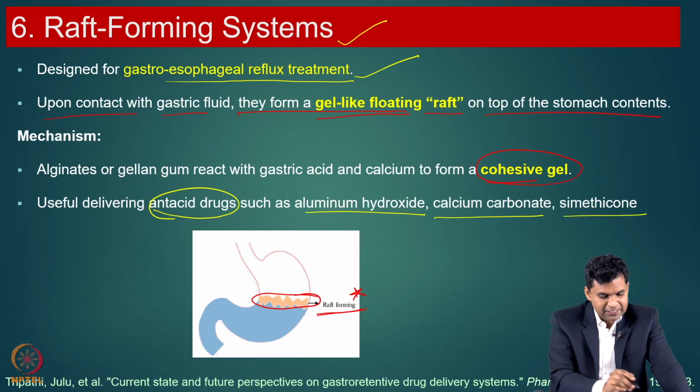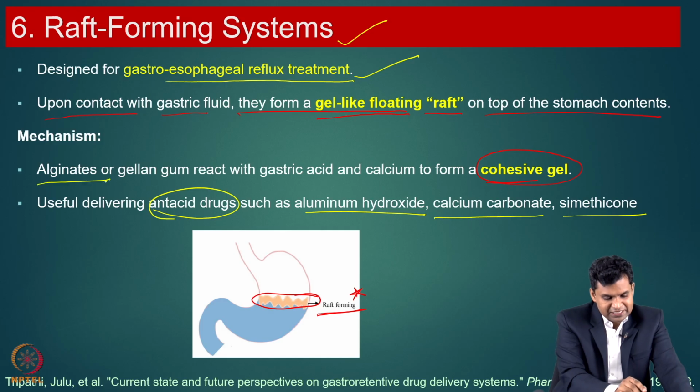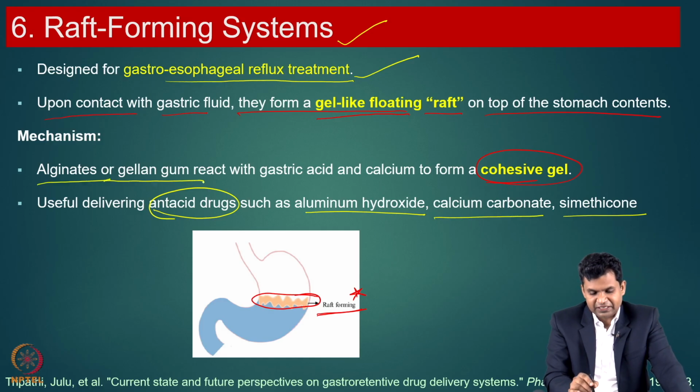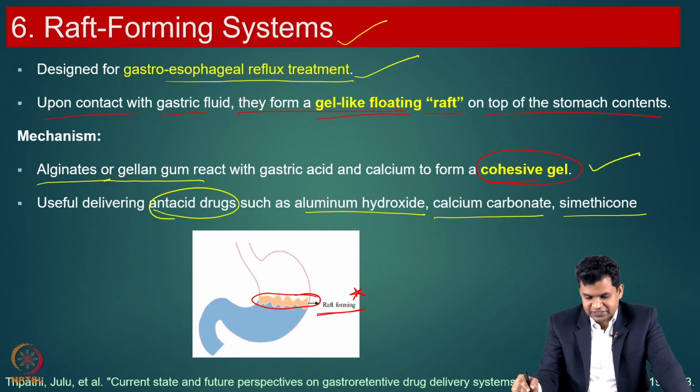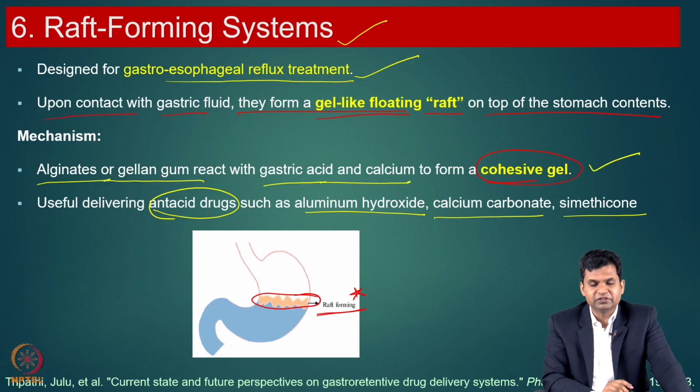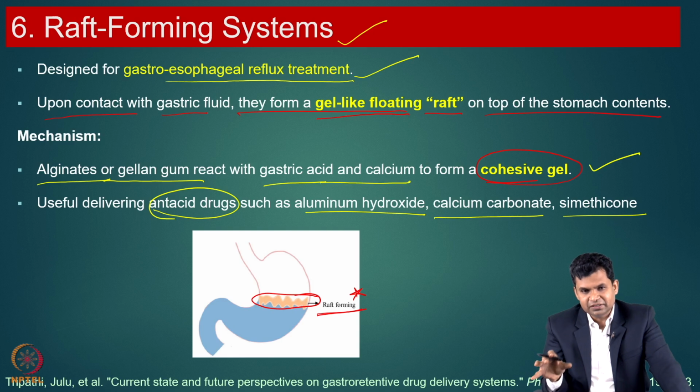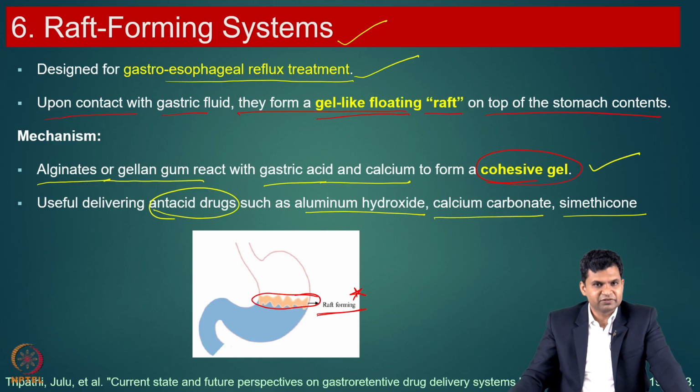And you can see here we can use various types of alginates, gels and gums, which will help in the formation of cohesive gels with the gastric acid and other ions present in the body. With this we can make raft forming systems, which also help in the designing of gastroretentive drug delivery systems.